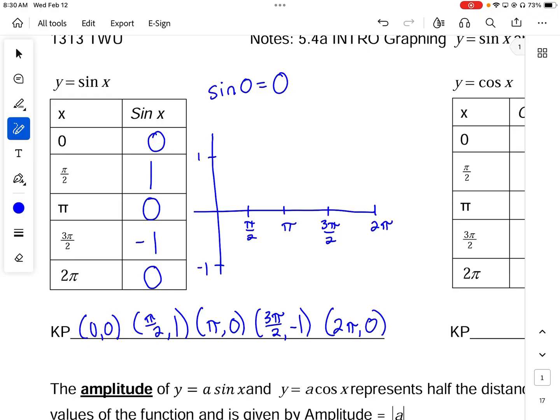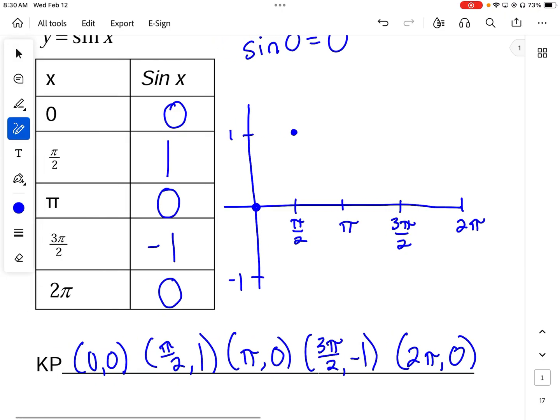So we'll plot our points. So 0, 0 is a point, so that's at our origin. And then we have pi over 2, 1. Then we have pi, 0. 3 pi over 2, -1. And 2 pi, 0.